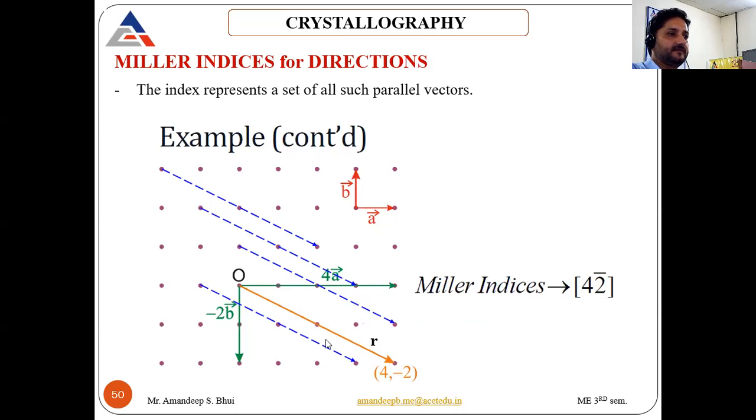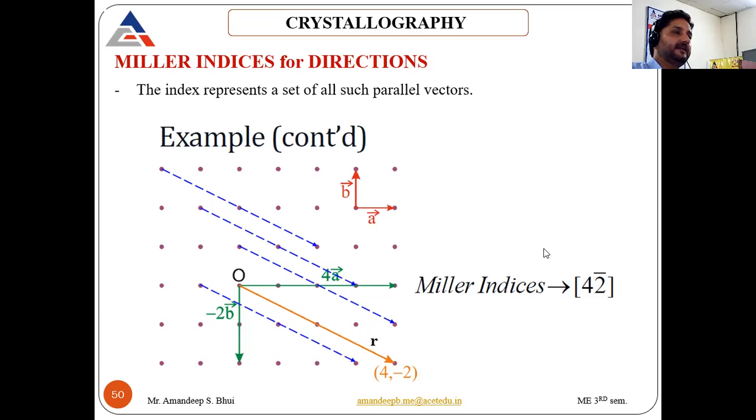So all these blue lines are parallel to this vector R, and this Miller index 4, minus 2 will represent all such parallel vectors.